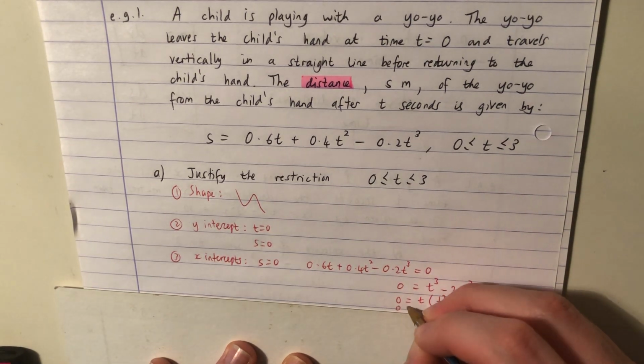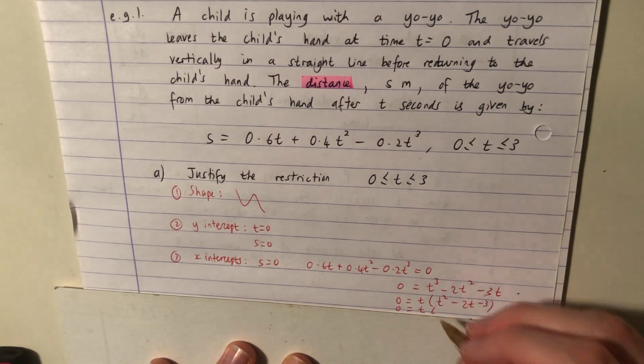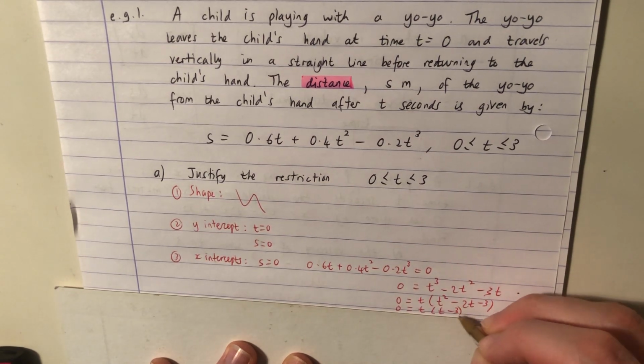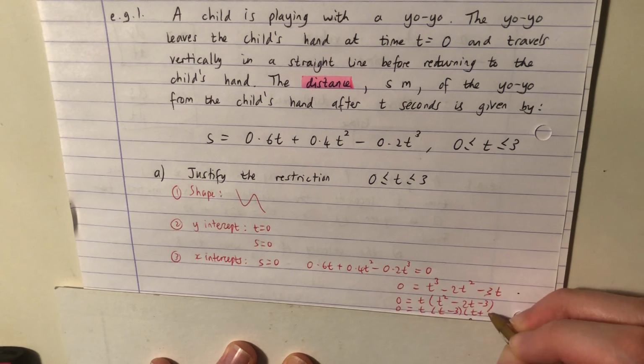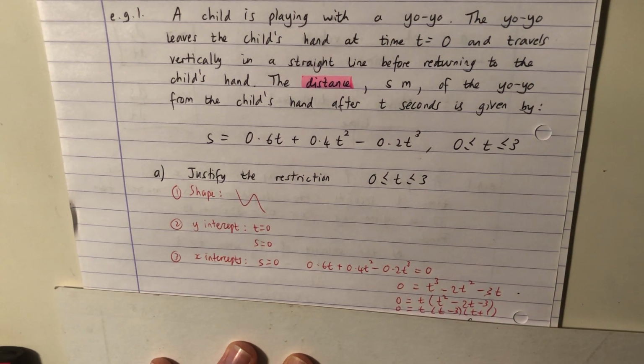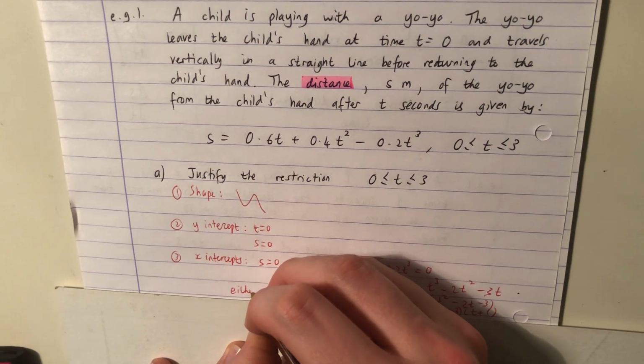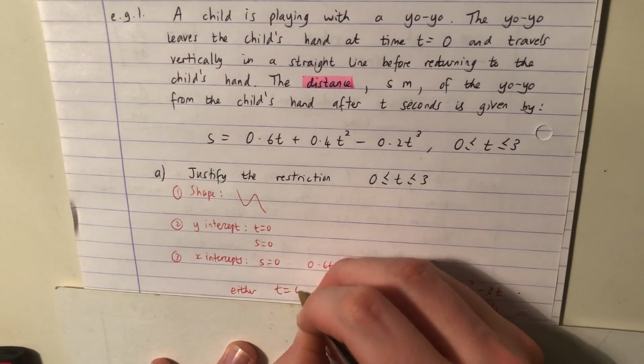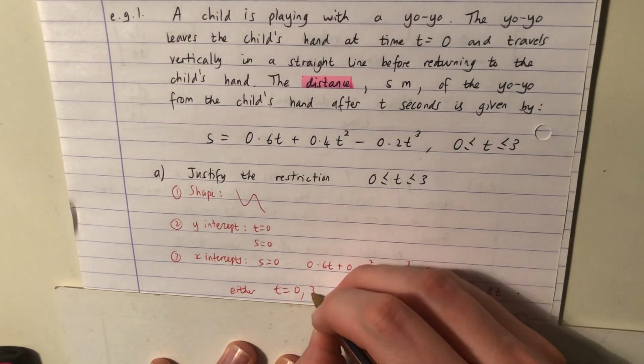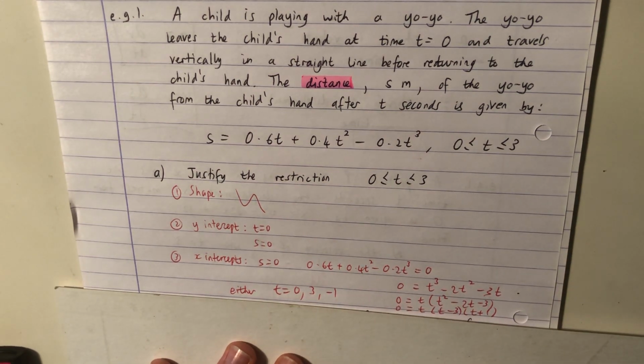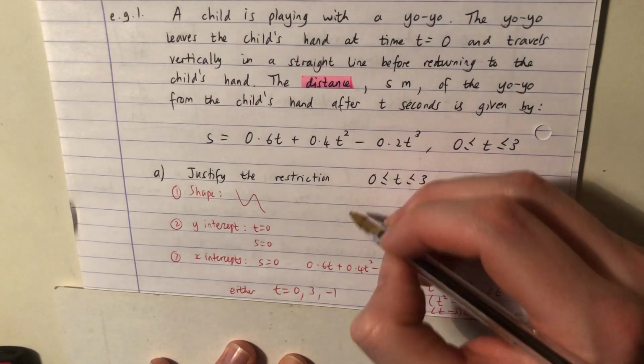Factorize again: t times t minus 3 times t plus 1, equals 0. To give you 3 values of t, either t is 0, 3, or negative 1.